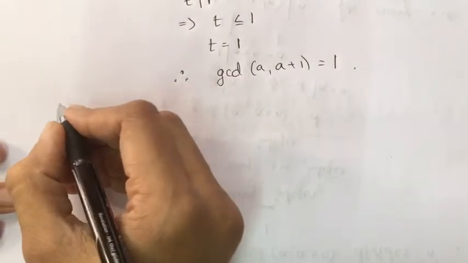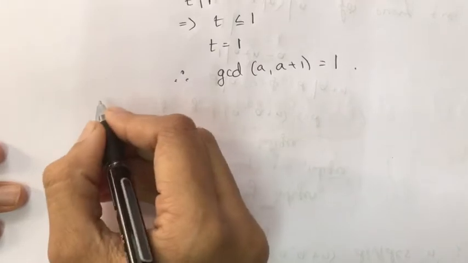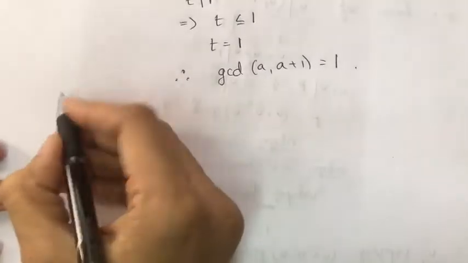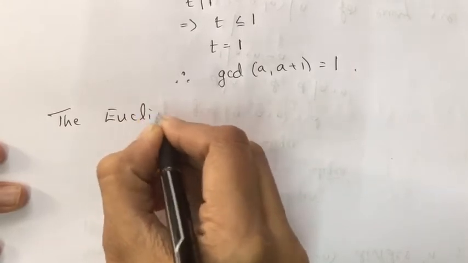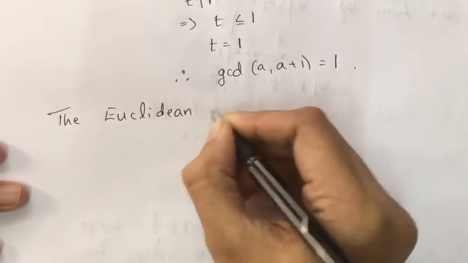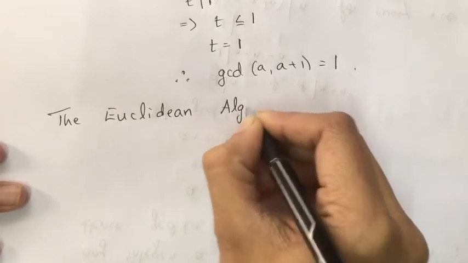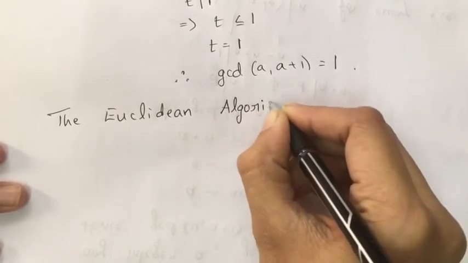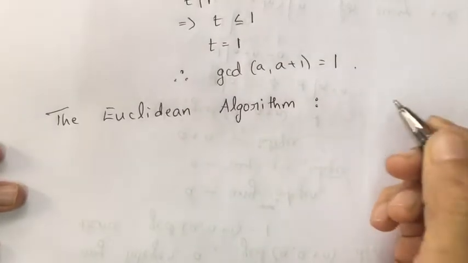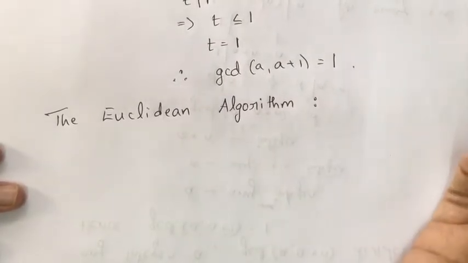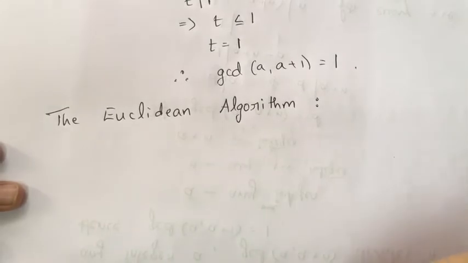Now let us go for the Euclidean algorithm. When two numbers are given, we can write their common divisors and we can find the largest one in the list and we can find the GCD.